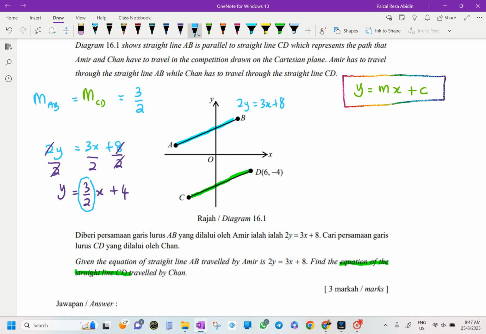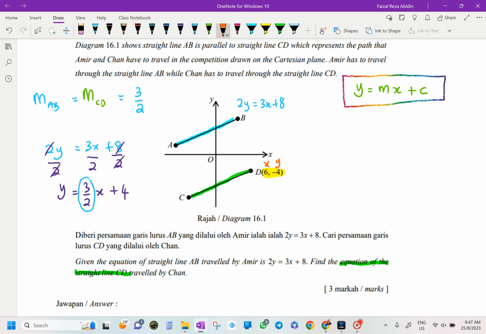Now, we are not going to find the equation of AB. We are going to find CD. If you look over here, what is given to you? The coordinate, with x and y. You are going to use that one.